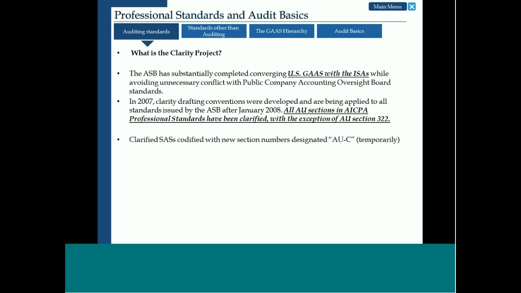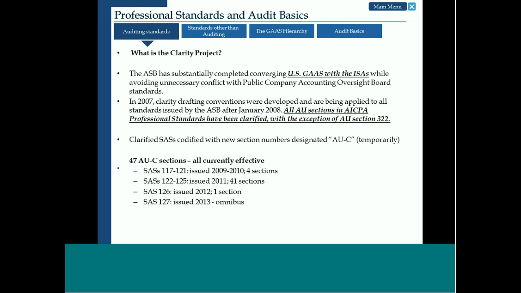C stands for clarity, and this is only for temporary purposes. At a subsequent time, the AICPA board would remove that C from the header of any particular assurance standard. The C is only temporary, just to make sure that people understand that this AU is clarified.